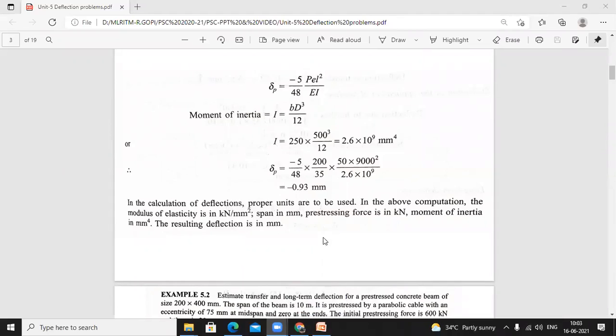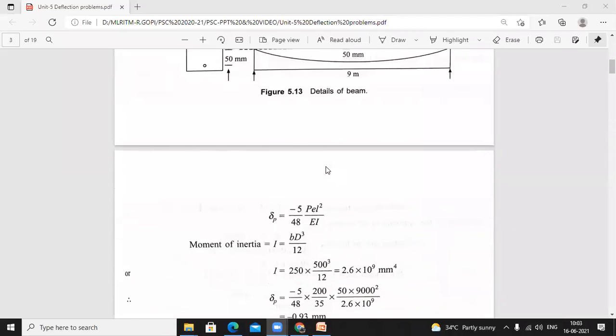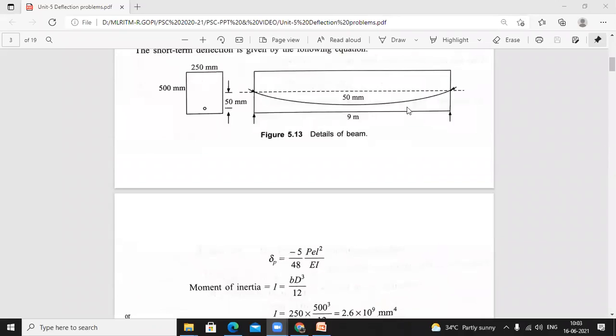Here you can see the formula in case of a parabolic tendon having eccentricity at midspan and 0 eccentricity at support.